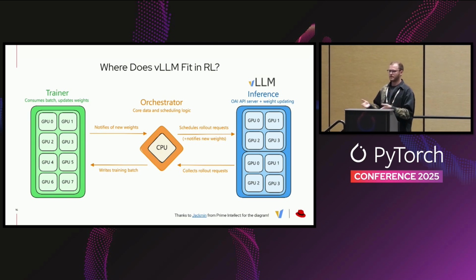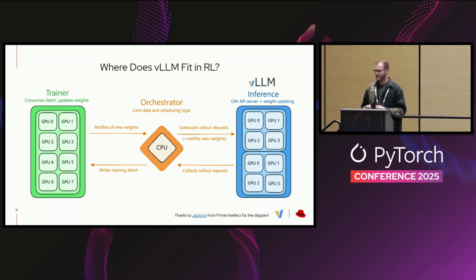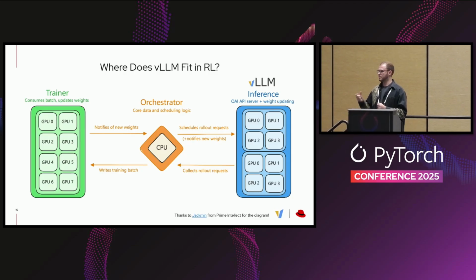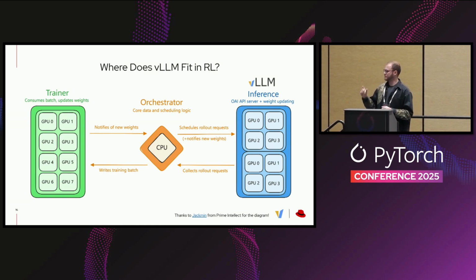Based on how those completions go, we go back to the orchestrator and figure out what batch needs to be prepared for the trainer in order to figure out what new set of weight updates we need to make. This cycle happens over and over as we're constantly updating the weights and running the agent on those updated weights to see how it's been improving, hopefully, and then checking those results again to figure out what the next weight update should be.